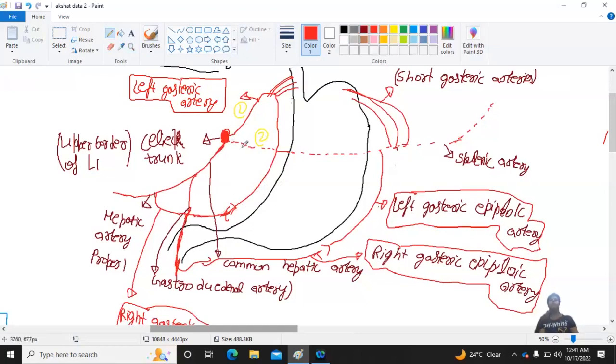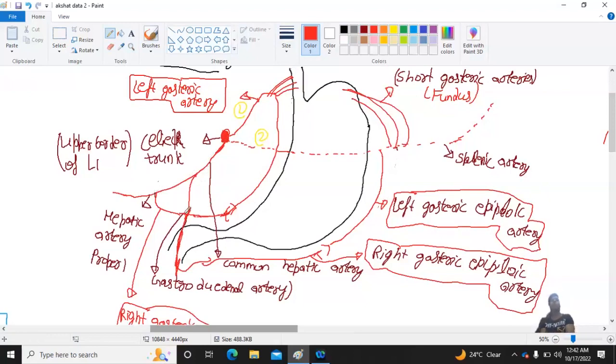Another branch is the splenic artery, which goes from behind the stomach and gives some short gastric arteries which supply the fundus of the stomach. One branch is the left gastric epiploic artery, which covers the greater curvature of the stomach. Then another artery is the common hepatic artery, which divides into two: the gastroduodenal artery and the hepatic artery proper.